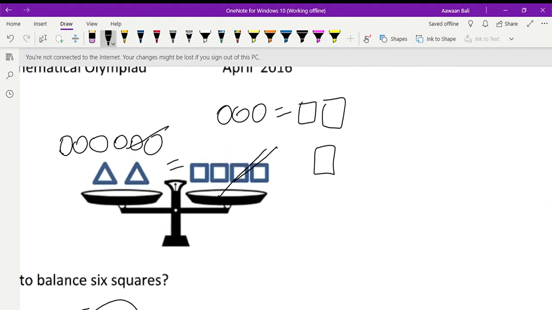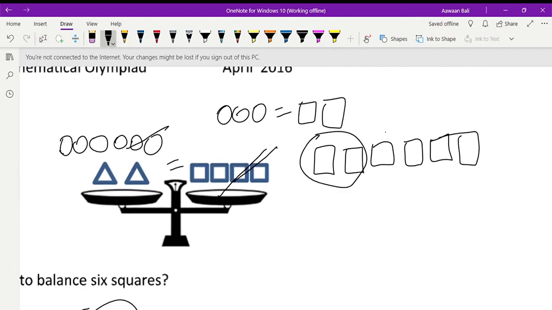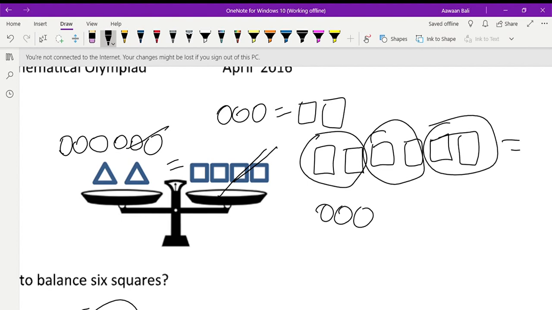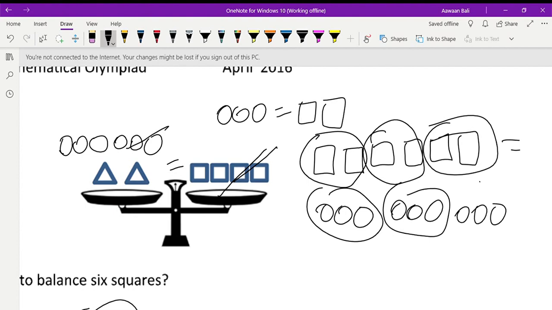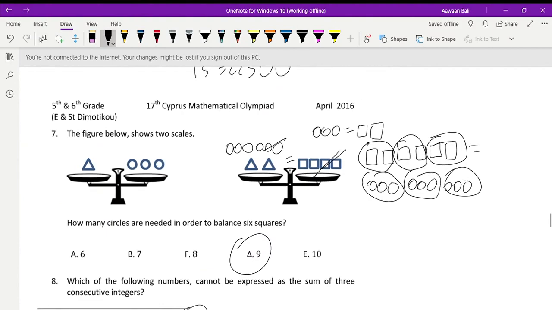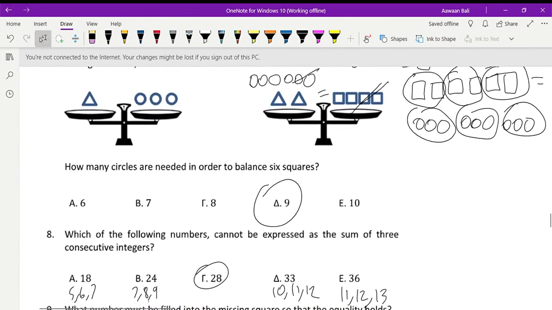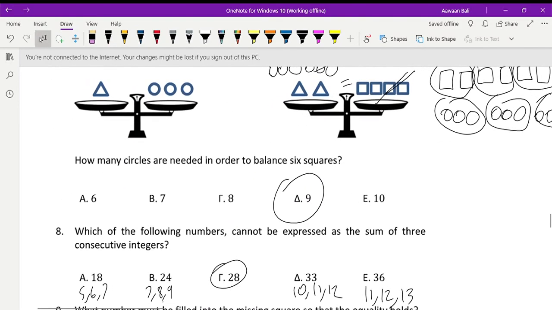So 2 squares times 3 is 6 squares, and that's equal to 3 groups of the 3 circles, which is 3 times 3, 9 circles in total. So 9 circles are needed in order to balance 6 squares.